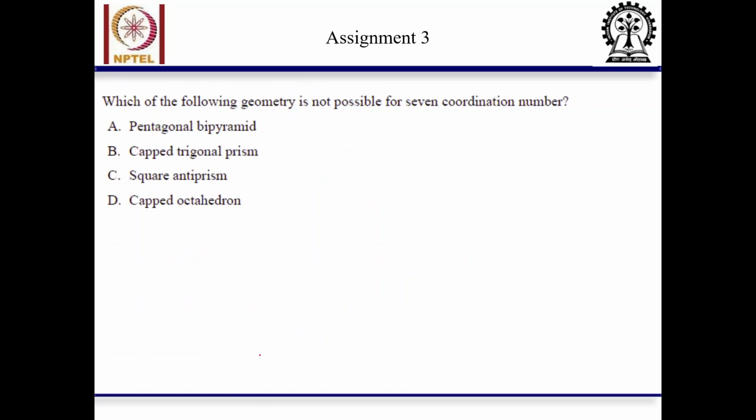Now the next question is, which of the following geometries is not possible for coordination number 7? Can anyone just tell? We'll just wait for one minute. Anyone? The options are pentagonal bipyramidal, capped trigonal prism, square antiprism, and capped octahedral.